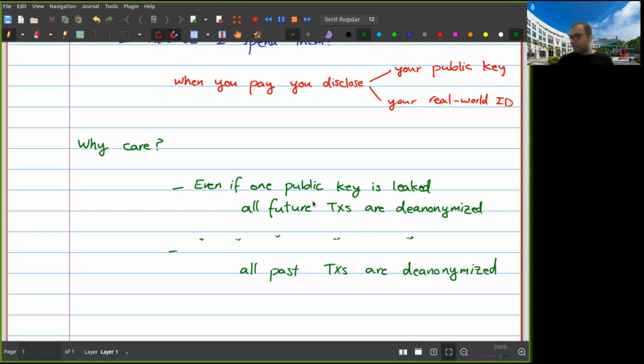So it's as if every time that you use your credit card, you're giving the whole statement of the credit card also to the merchant, so they can see everything you've ever done with this credit card. And then you're also promising to give them all of the future statements of your credit card so that they can see whatever you do in the future. So it's really a terrible thing.